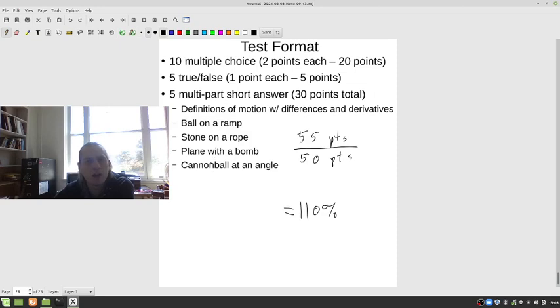Okay, so what are the short answer questions going to be on? Well, the first one's going to be definitions of motions with differences and derivatives. I'm going to give you a position versus time equation that has t's, t squares, t cubes maybe in there. You're going to find things like average velocity, instantaneous velocity, average acceleration, instantaneous acceleration, things like that.